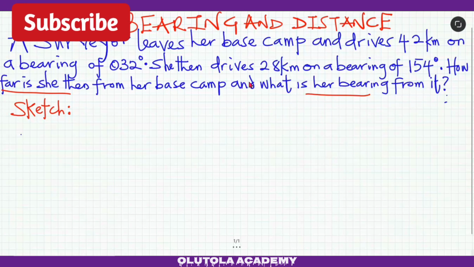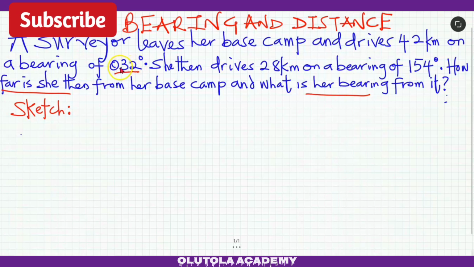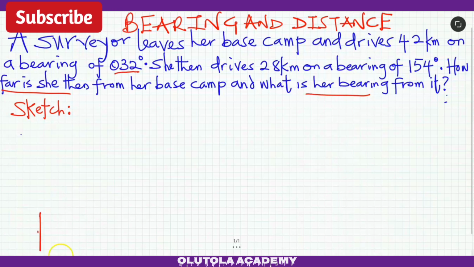The bearing given, 032, is what we call a three-figure bearing. If I draw my Cartesian coordinates, I will have this to be my north, this to be my south, this to be my east, then the other end to be my west.